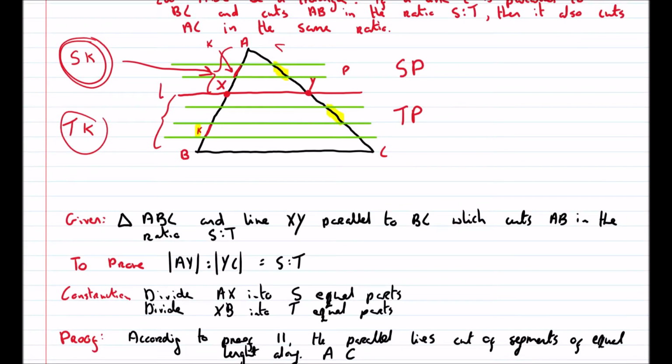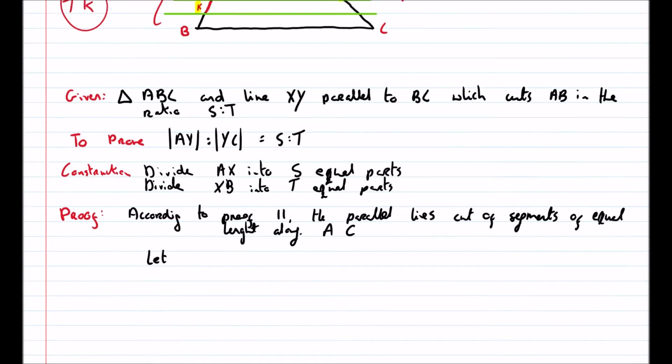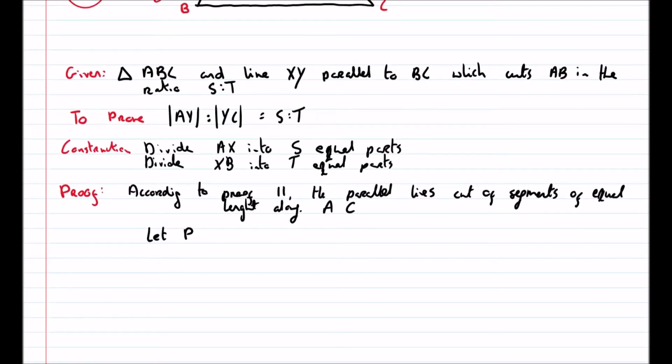Okay, so what I mean by that is the bits I've highlighted in yellow here. That and that, okay, and that. They're all equal in length. Right. So I'll say that, should I call it P? So let P be the length of each of those segments.